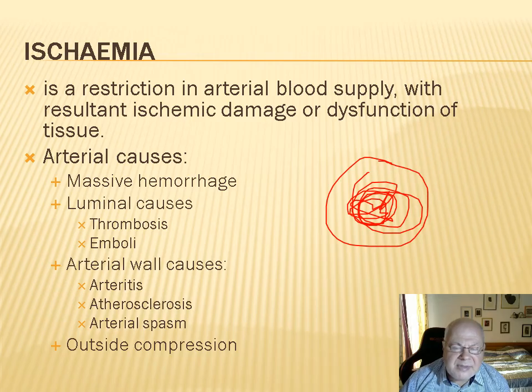This is called thrombosis. Or occlusion with thrombus coming from other regions of the circulatory bed, which is called embolia. We'll learn separately about both of them in the next lecture.